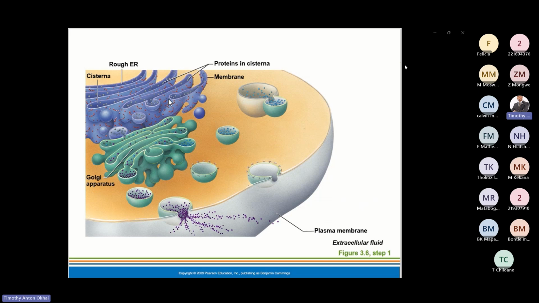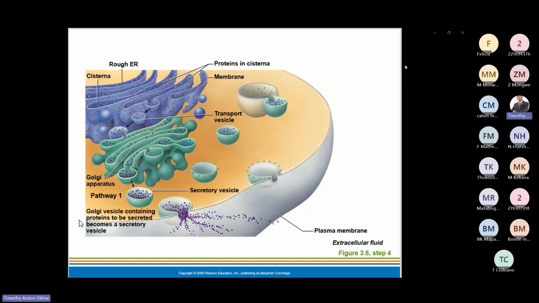So let's see the different stages. This is a protein in a cisterna. Here's a membrane. That's the Golgi apparatus. And that's a transport vesicle here that helps to transport protein. Here's pathway 1. You can see all kinds of proteins in the vesicle as they're being transported out of the cell through the cell membrane, or plasma membrane.